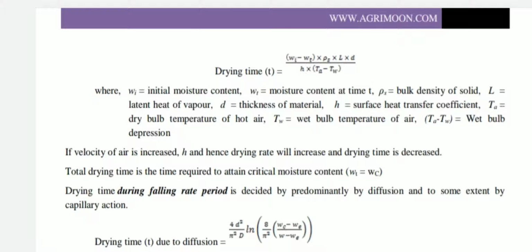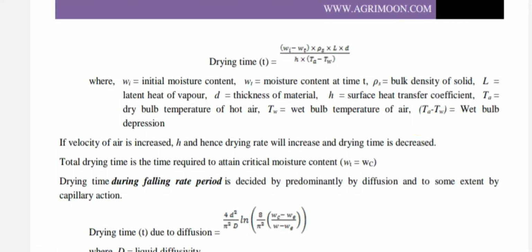So now if the velocity of air is increased, h, that is the surface heat transfer coefficient, will increase and drying time will decrease. So if the velocity of hot air is increased, the surface area will enhance the drying rate, so drying time will be reduced.